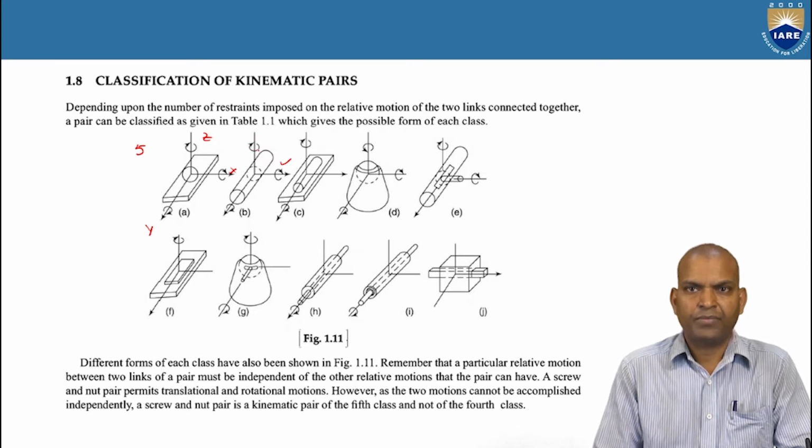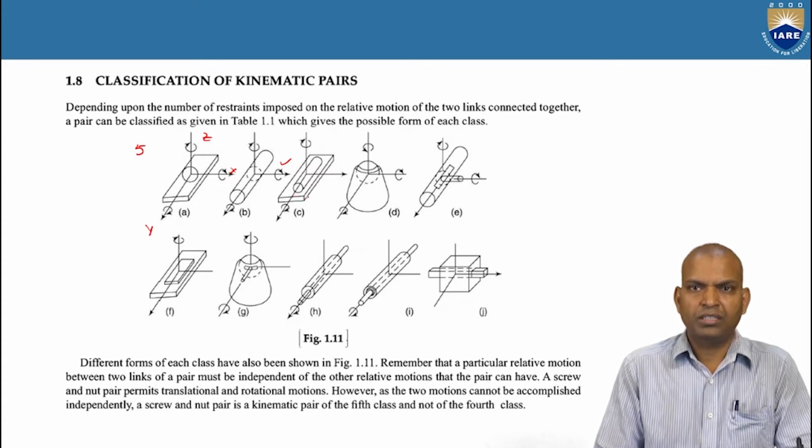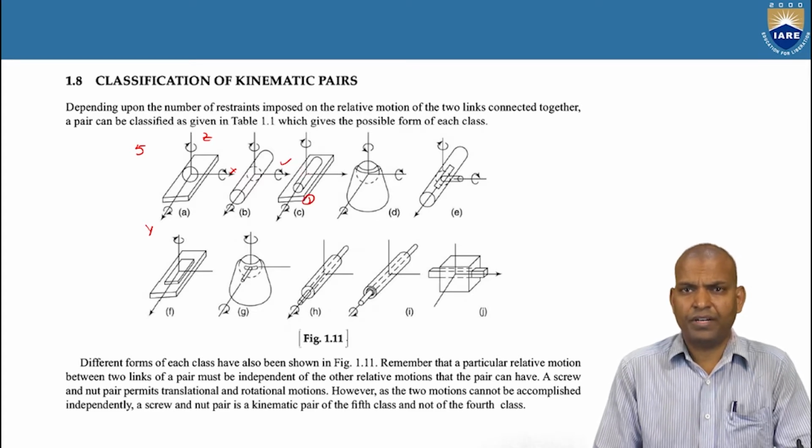So it is again 5. Now figure C: considering the motion of the cylinder with respect to link 1, what are the degrees of freedom?